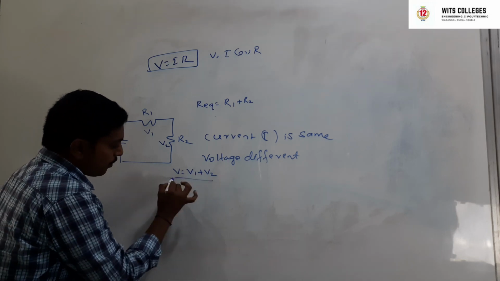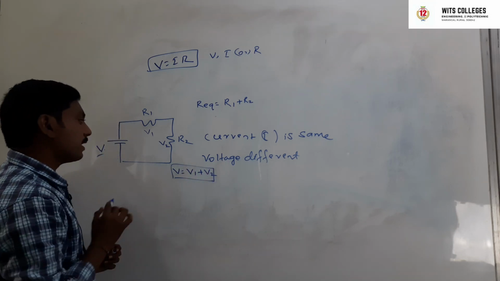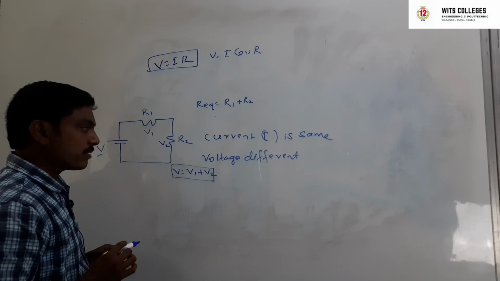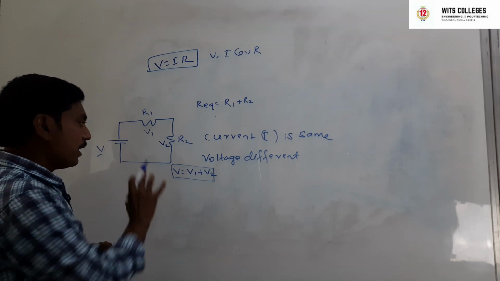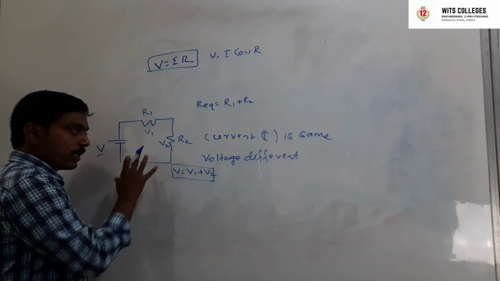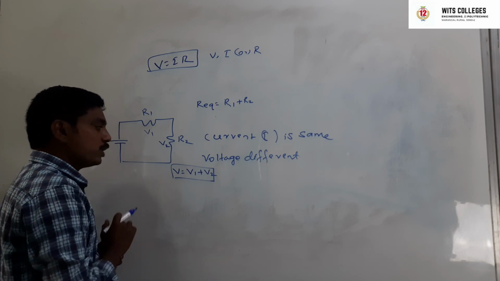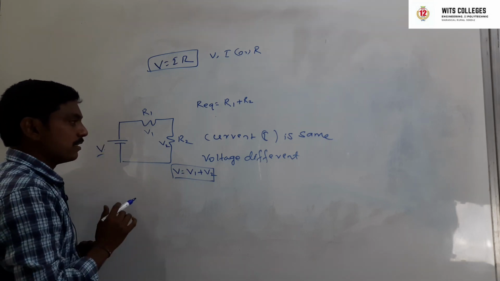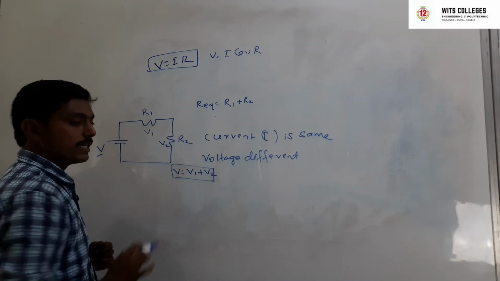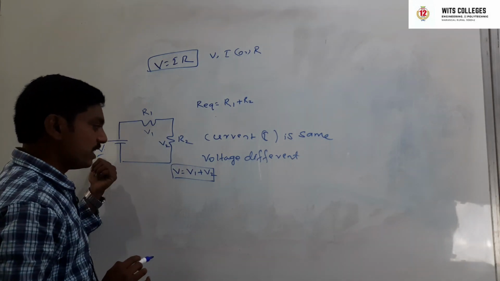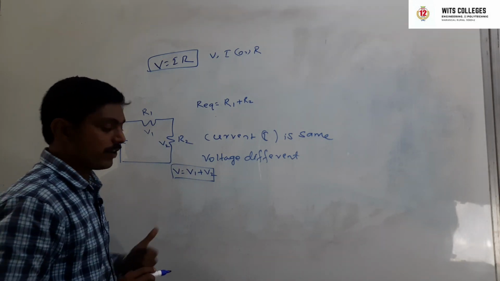By using this circuit we find either the current or the voltage across each branch. In order to find that, by using the series concept, R equivalent is equal to R1 plus R2, and voltage V is equal to V1 plus V2.